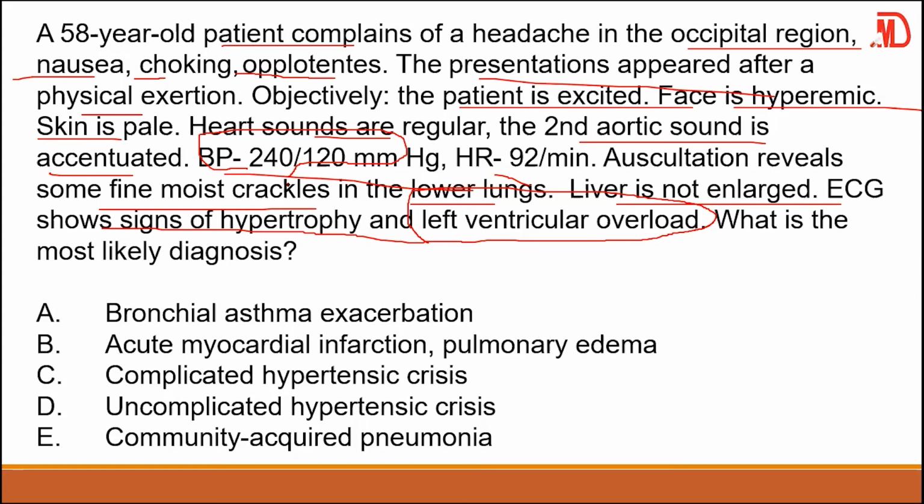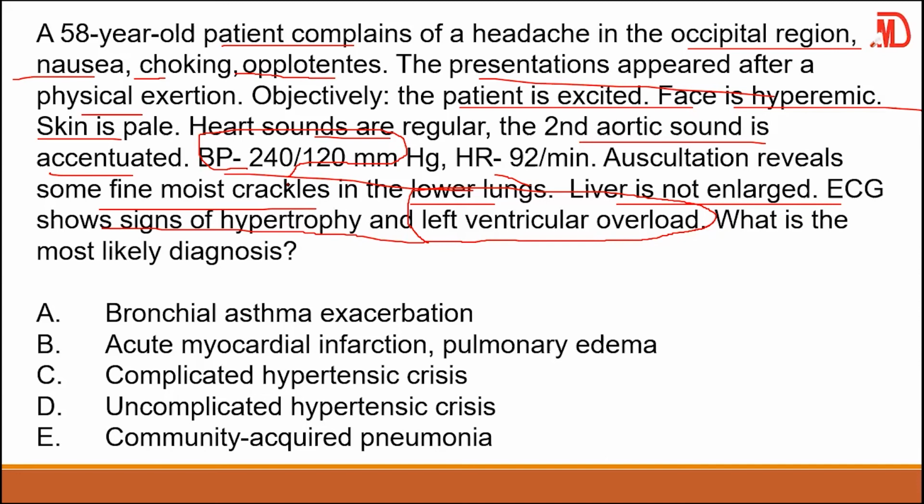It's now hypertrophied and it's now being overloaded with a lot of blood. So that means it's not able to pump the blood for systemic circulation to take place. Why? Because of increased pressure, which is the risk factor. So we have a complicated hypertensive crisis. Now, in an uncomplicated crisis, even though there is high BP, there's no obvious organ damage.